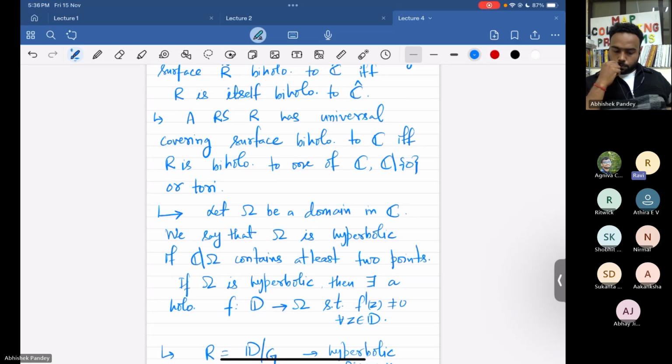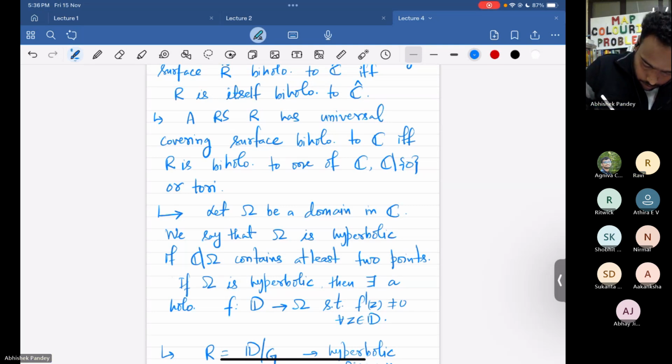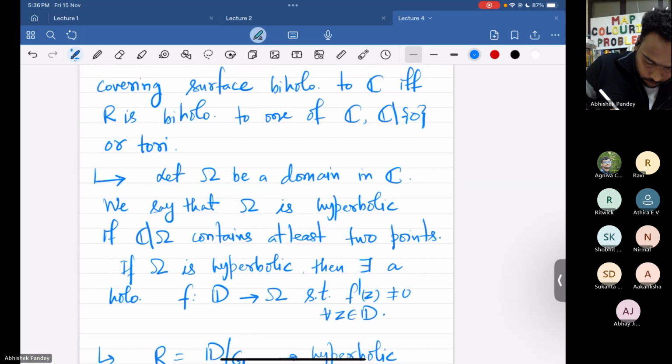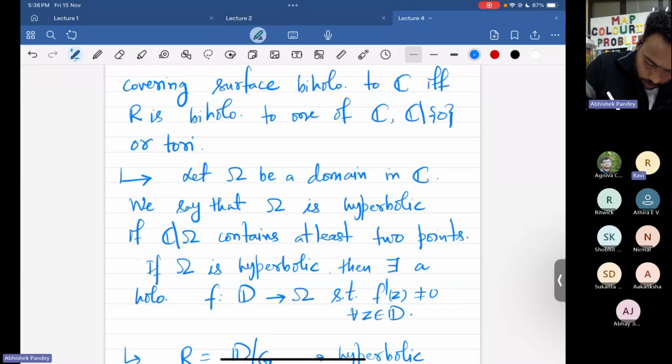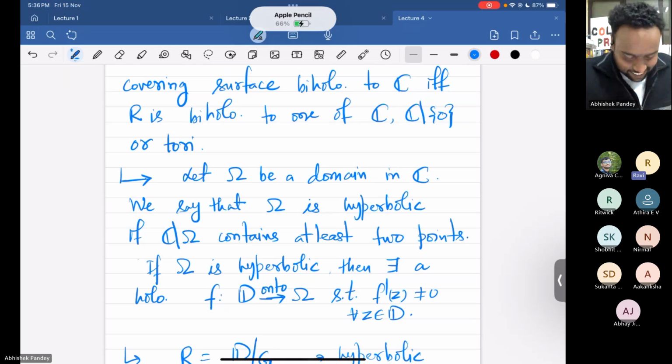Take the domain omega as C minus 0 or C itself. We can take f of z equal to z. No, this is from the unit disk onto this domain. Oh, this is onto. It is not written. Sorry, it is onto. f is from the unit disk onto the domain. Then it makes sense.